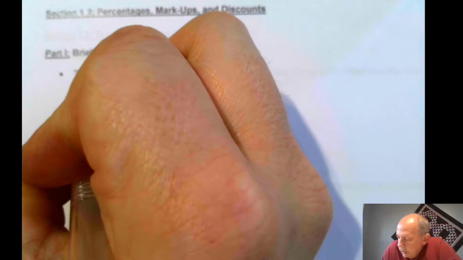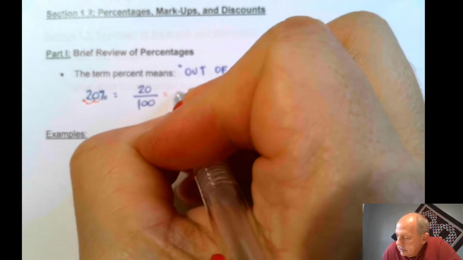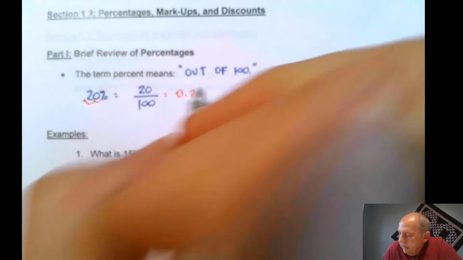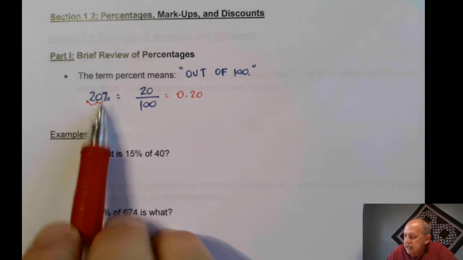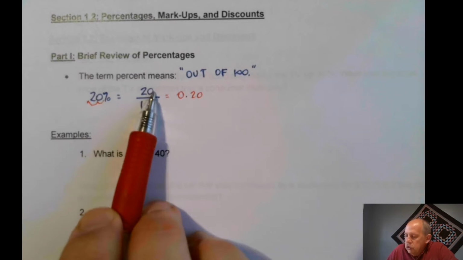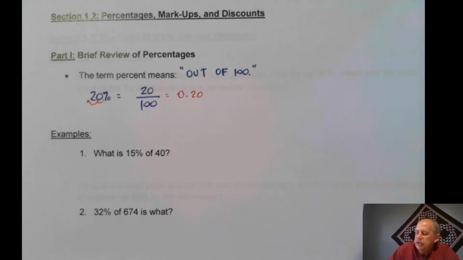Now, another huge thing we're going to be talking about with these percentages is moving the decimal two places over, converting a percent into a decimal. 20 out of 100, all three of these values mean the same thing.